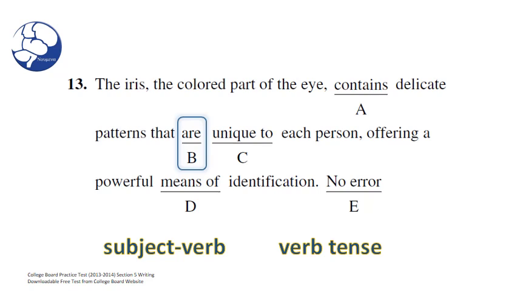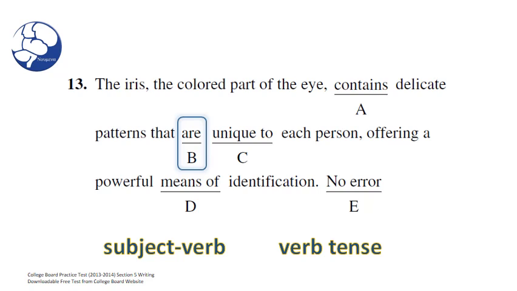We're trying to help guide you to look for specific points that appear often on the College Board SAT. For verbs, again, we usually check for subject-verb and verb tense. Sometimes verb form. Here we're not testing for verb form.